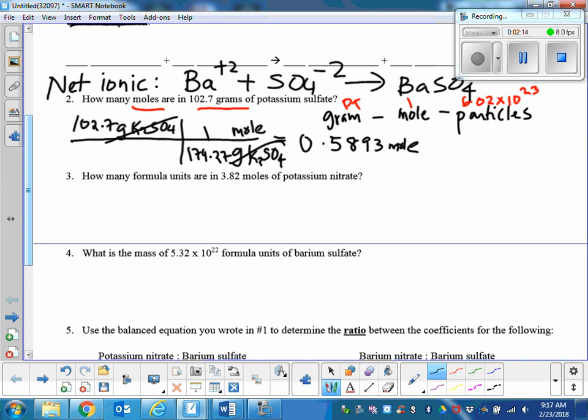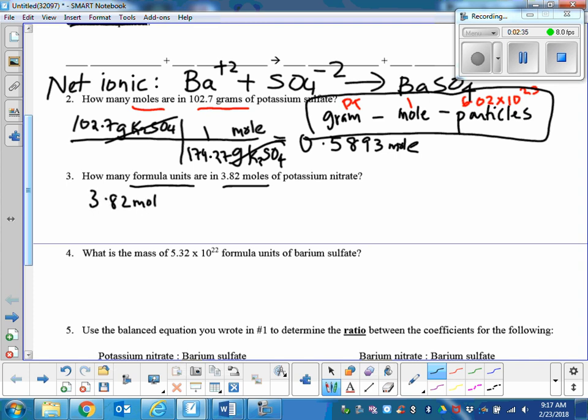If you look at the second problem, I'm going from moles to formula units. So where am I going? From moles to particles. Formula units are particles. Yes or no? So I always start with my 3.82 moles.